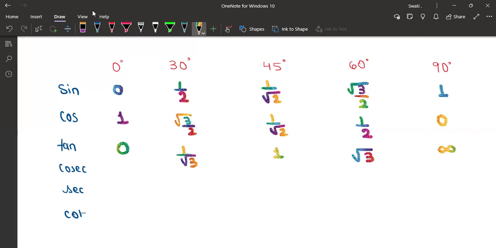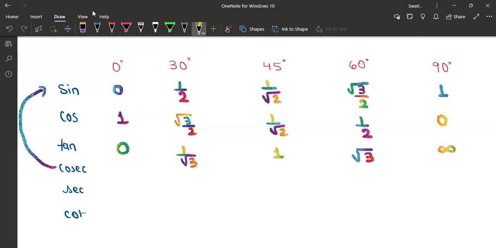Now cosec is also very simple. Cosec is the reciprocal of which one? Sine, right? Cosec is the reciprocal of sine.